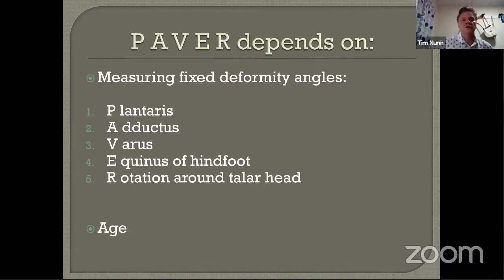Those elements are then summed and multiplied by an age-related factor to give us the PAVA score. We know from experience that it's not only the age of the child, but also the severity of the fixed deformity which contributes to resistance to casting.